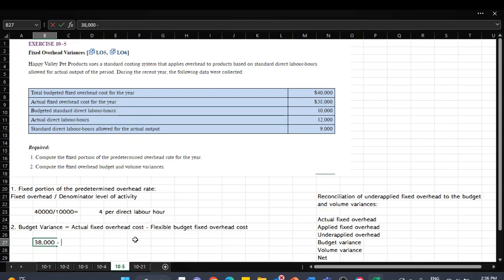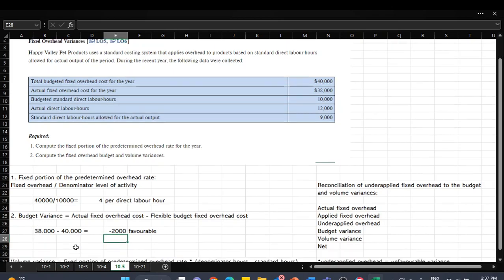We want to subtract from that the flexible budget fixed overhead cost, which we know is 40,000. Okay, and obviously we're going to have a negative amount returned, which actually tells us that this is a favorable variance. Okay, and that's because we spent 2,000 less than what we estimated.